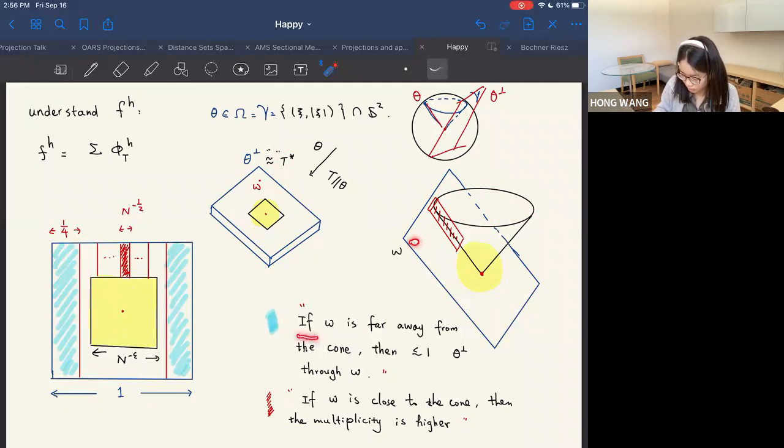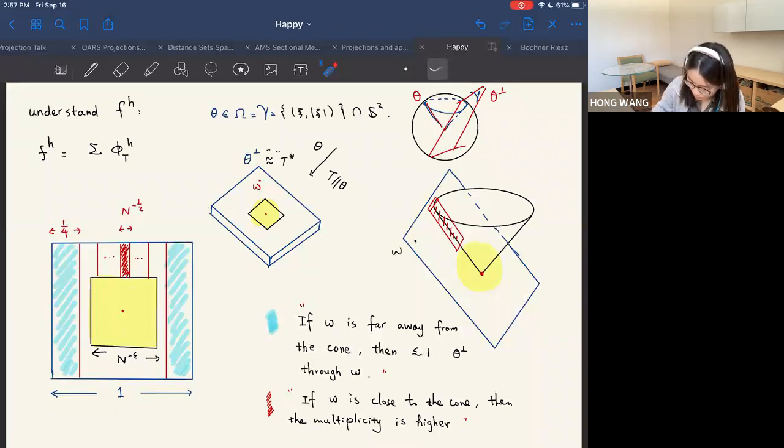So if omega is far away from the cone, there are only constantly many theta perpendicular through each omega. But when our omega is very, very close to the light cone, then the multiplicity is higher. However, it's not as high as the degenerate case, the equator that we discussed.